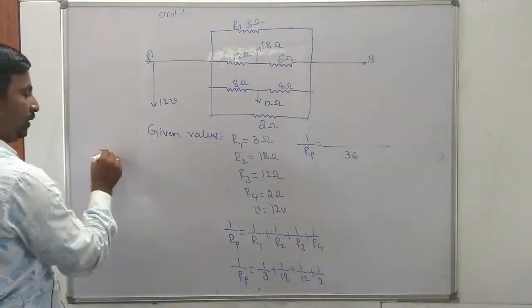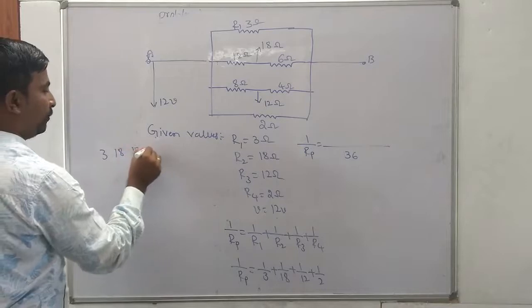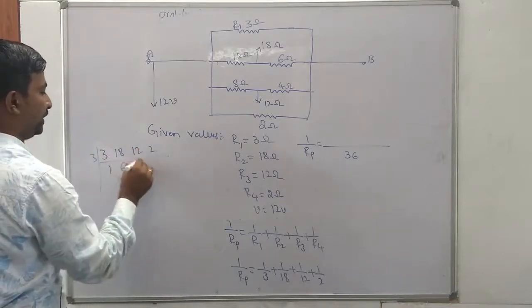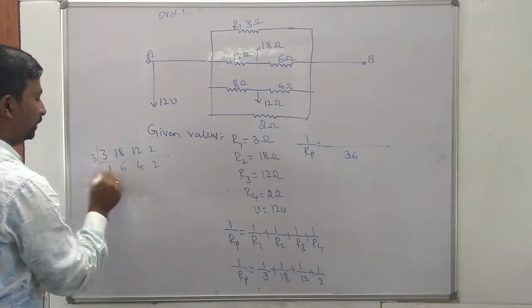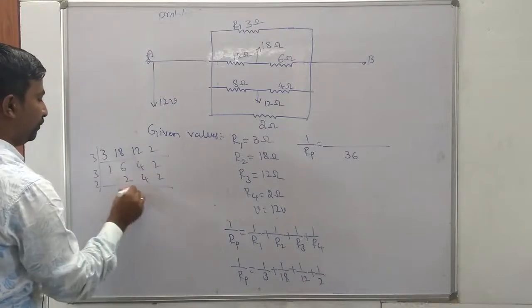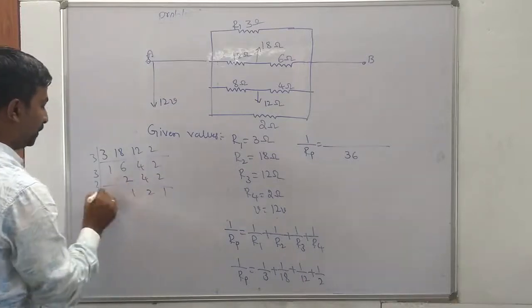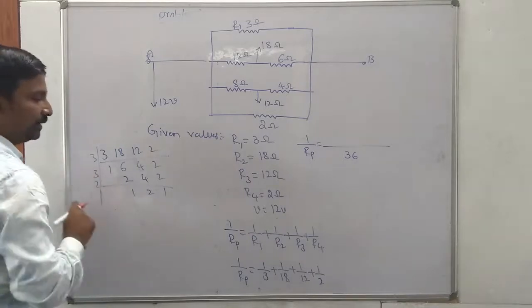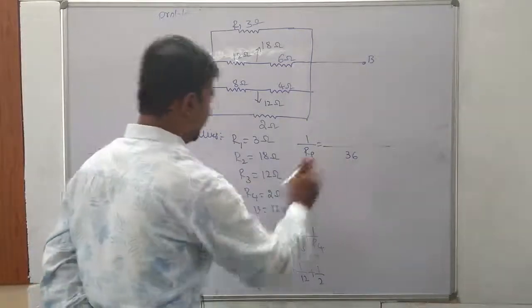Once again 3, 18, 12, 2. So 3 1s are 3, 3 6s are 18, 3 4s are 12, then 3 2s are 6, 2 as it is, then 2 2s are 4, 4 3s are 12, 12 3s are 36. So 36 is the LCM.